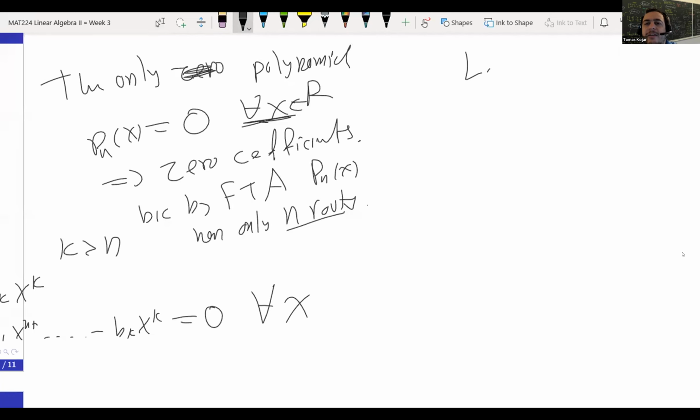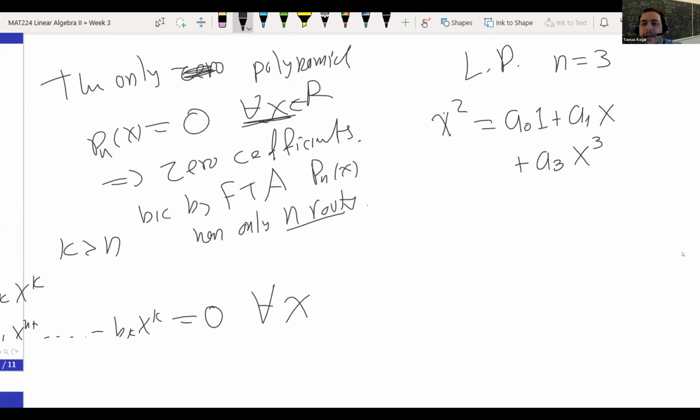So linear dependence says that you have, let me do a smaller number, x squared. Let me take 3. So you will need to have something like this: a0 times 1, a1 x, and a3 x cubed.